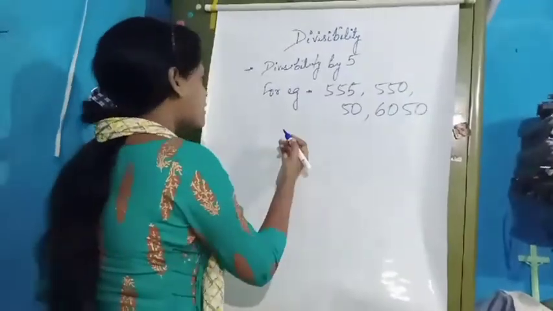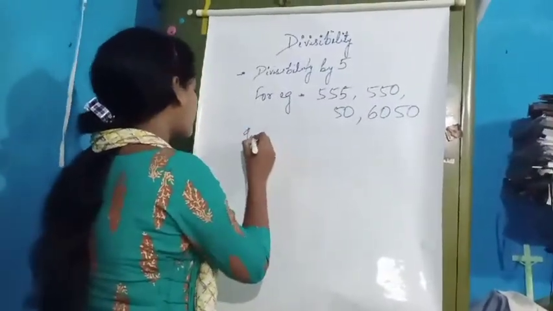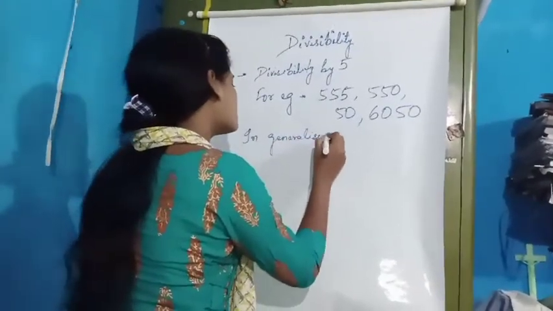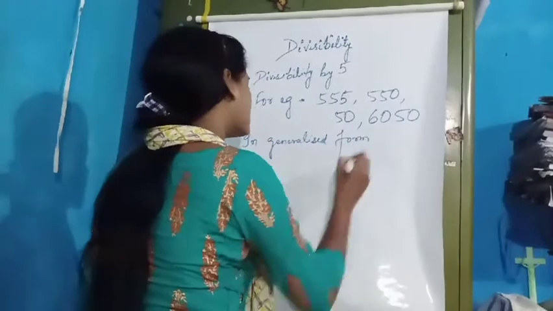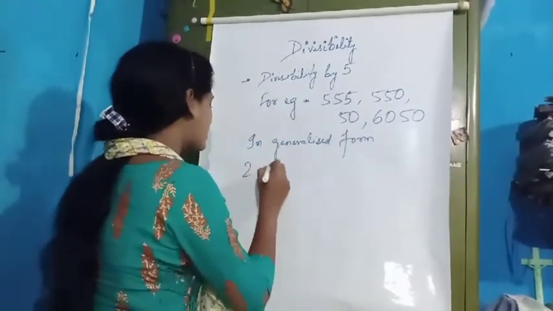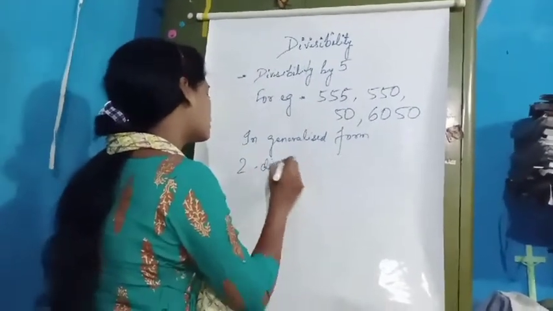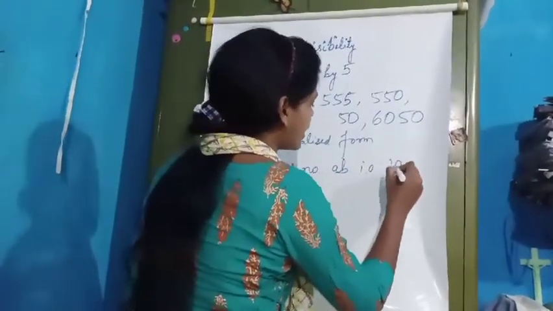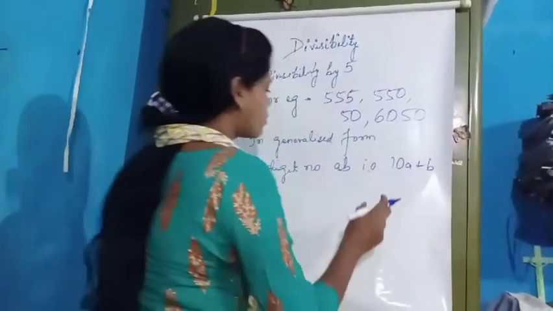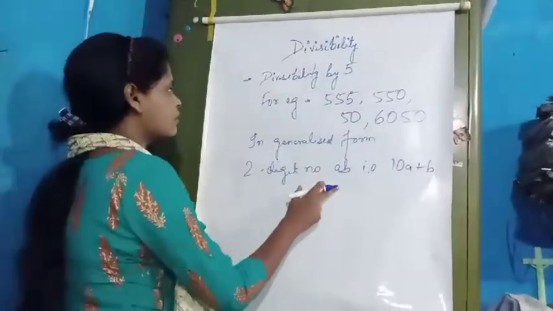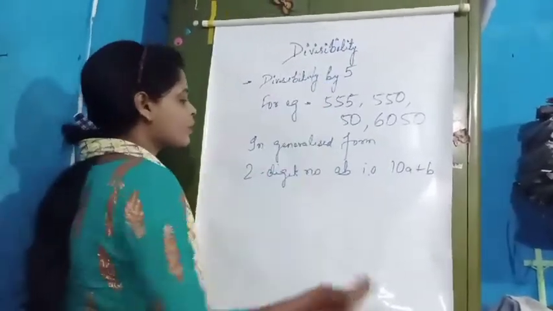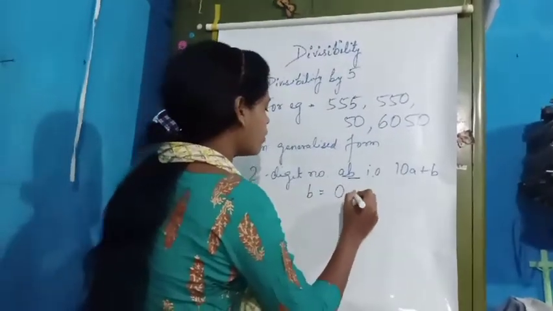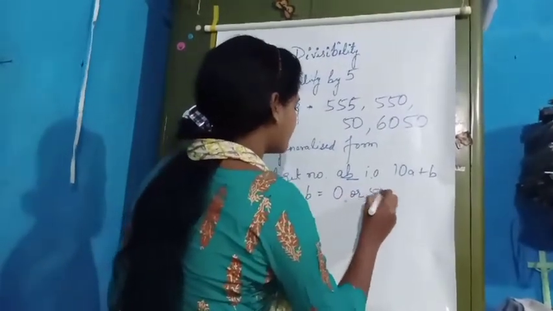Now let's see this in generalized form. Suppose I have a 2-digit number, say AB, that is 10A plus B. So when will this be divisible by 5? When its unit digit, B, is equal to 0 or 5.